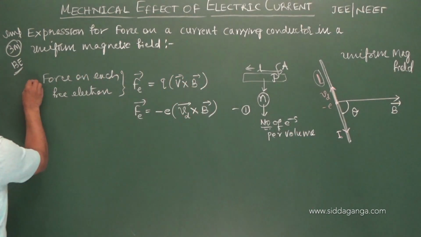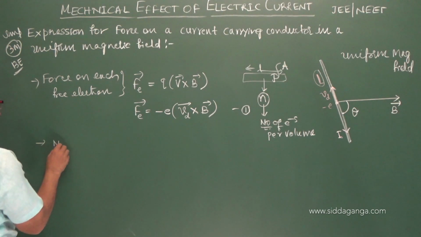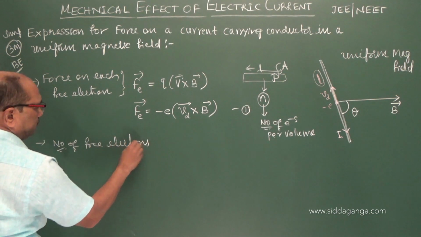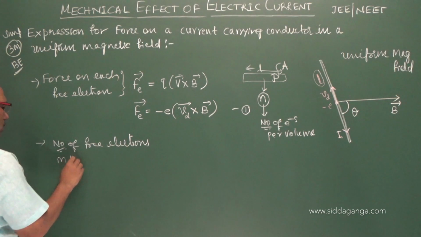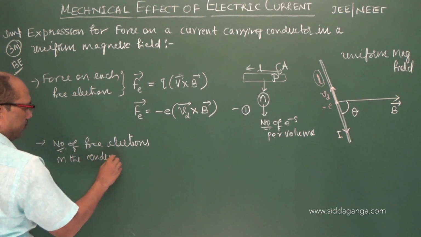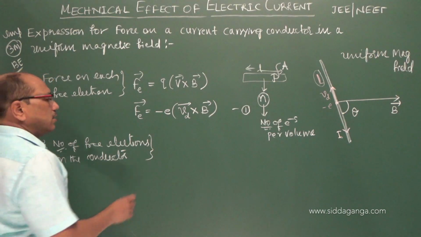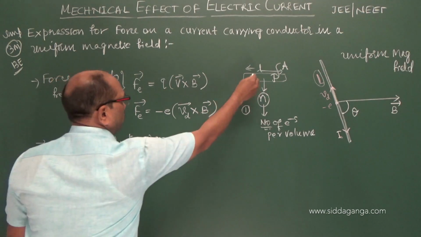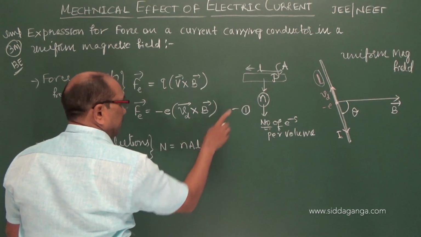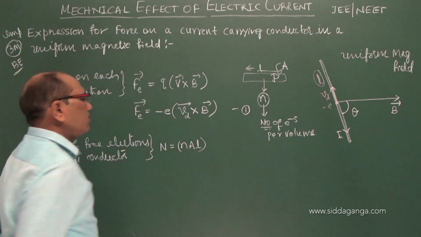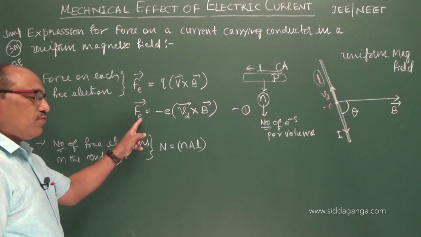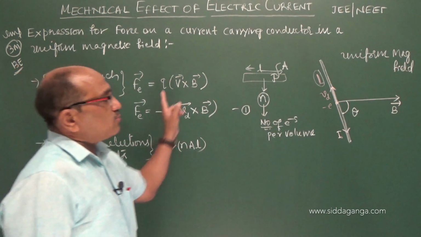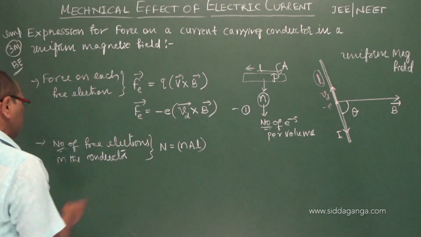Then I can say the number of free electrons in the conductor that we have taken, capital N, equals n, the number of electrons per unit volume, times cross section area A and length L, that is nAL. Each electron is facing the force. Then all these electrons, this number, are experiencing a force in the conductor when the current is existing.